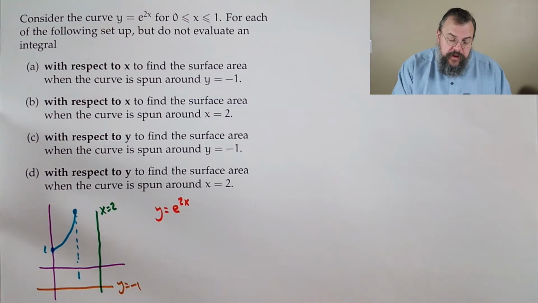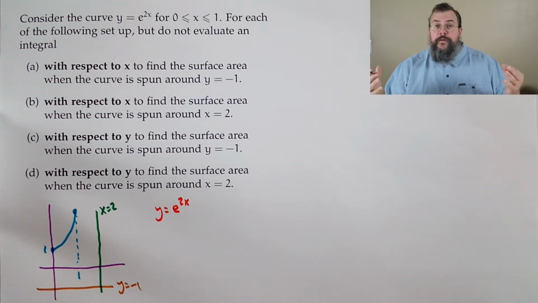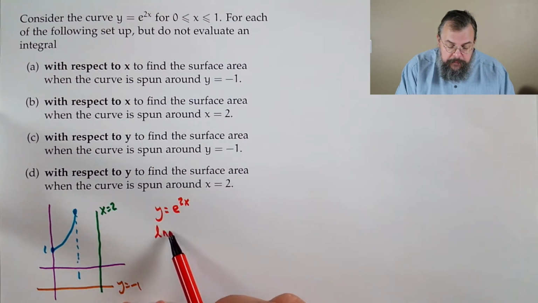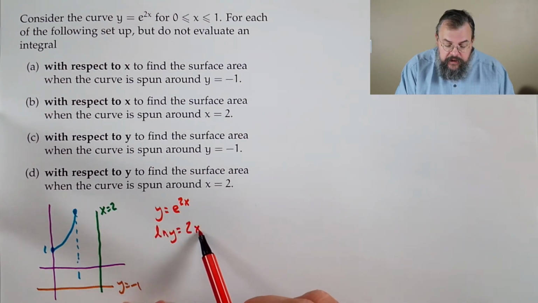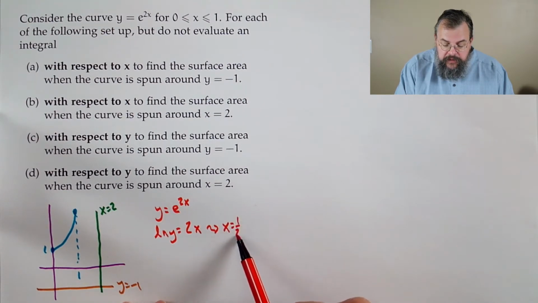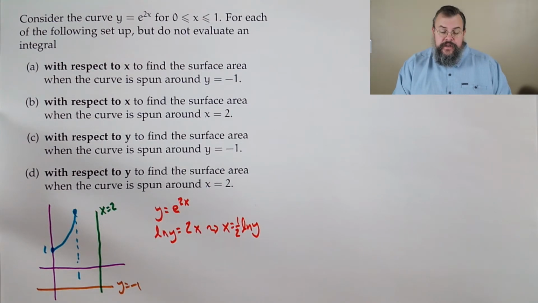Well, that's not so bad. There is, after all, only one x involved. So what do we need to do? We need to get that x out of the exponent. Well, logs are great at that. So we could say log of y is 2x, or really, x equals 1/2 log of y. All right, well, that's good.